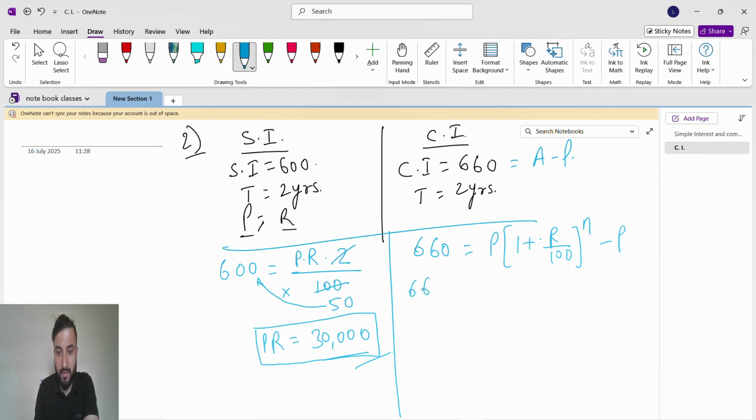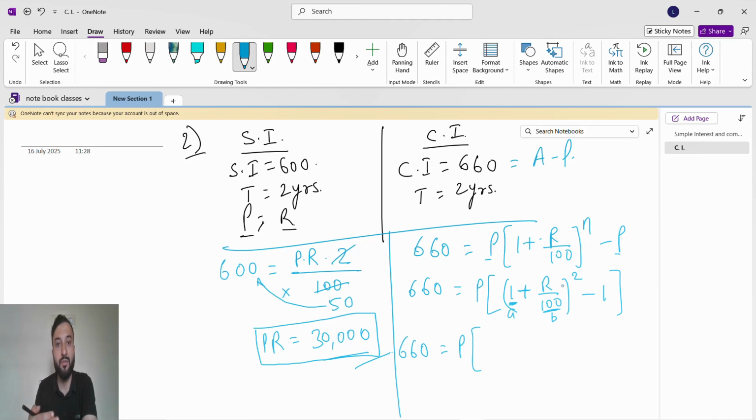The 660 will remain as it is. Here also P, here also P, so P is common. I will take the P outside. Inside will be 1 plus R by 100 whole power n, which is 2, minus 1. Now 660 equals P outside. Here this is A plus B whole square, where A is 1 and B is R by 100.